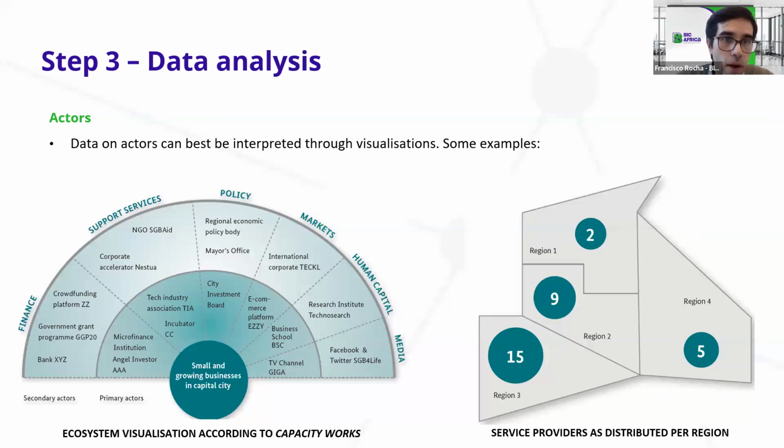At the city level, what are the investments that are related with small and growing businesses, and so on. So these are some examples of what, and of course, general, because these are just examples, but this shows what type of actors and what type of exercise we want to do when defining our actors according to the methodology.